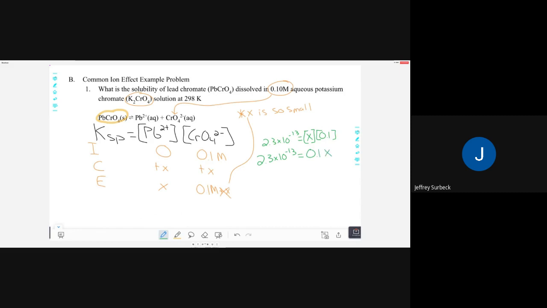How do we get x by itself? Divide by 0.1. This makes life easy. So 2.3 times 10 to the negative 13th divided by 0.1 gives 2.3 times 10 to the negative 12 moles per liter, equals x.